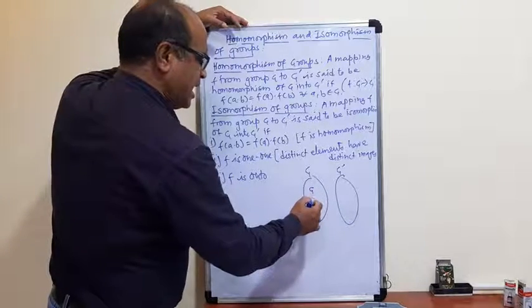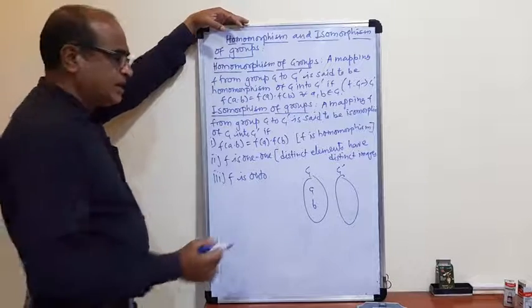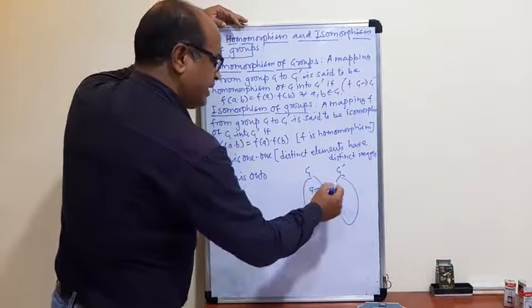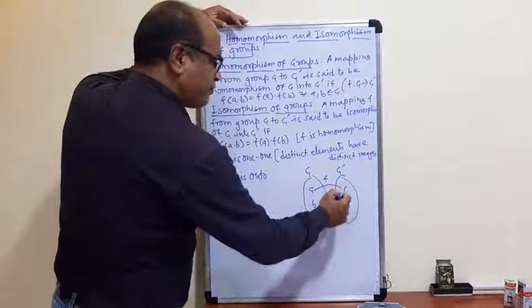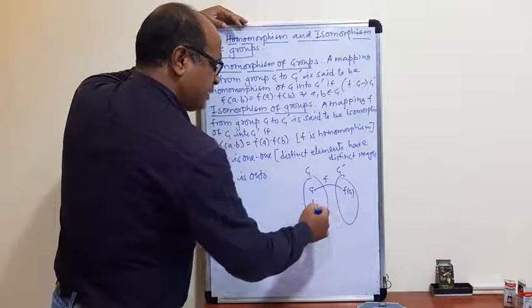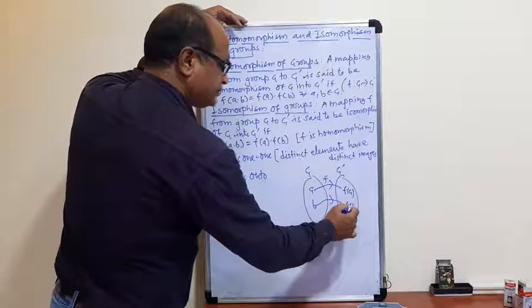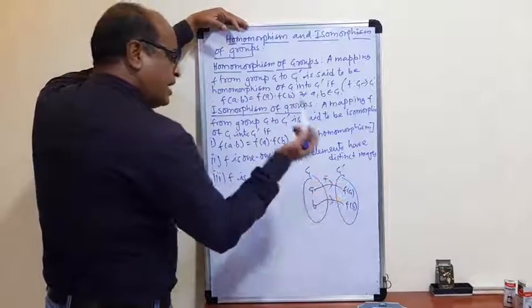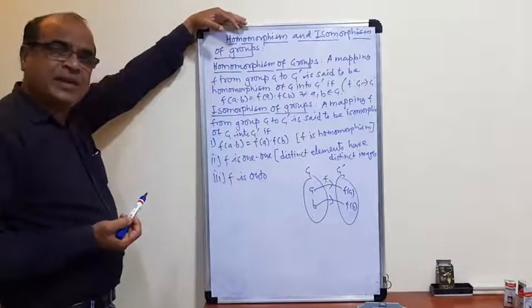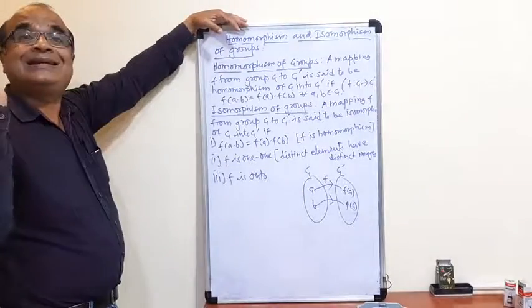Let a and b be two distinct elements from set G. There is a mapping f from G to G dash. So we get elements f(a) and f(b). If f(a) and f(b) are distinct elements, then a and b are also distinct elements.